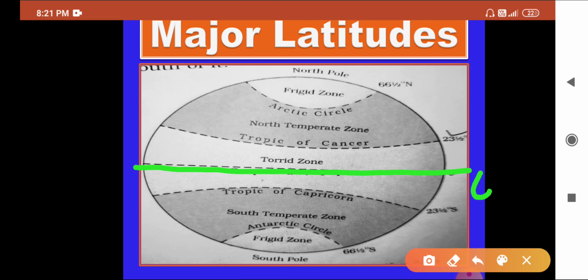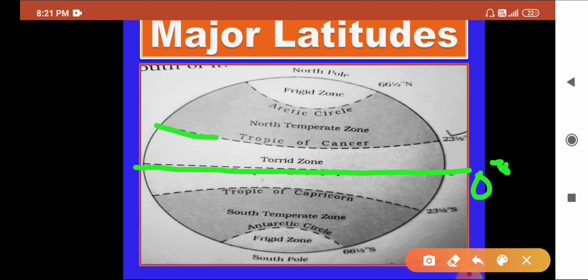This is 0 degree. We write 0 degree in this way. Then in the northern hemisphere, one important line which is passing through our country near Ahmedabad region, that is Tropic of Cancer. This line you can see here, it is called Tropic of Cancer.